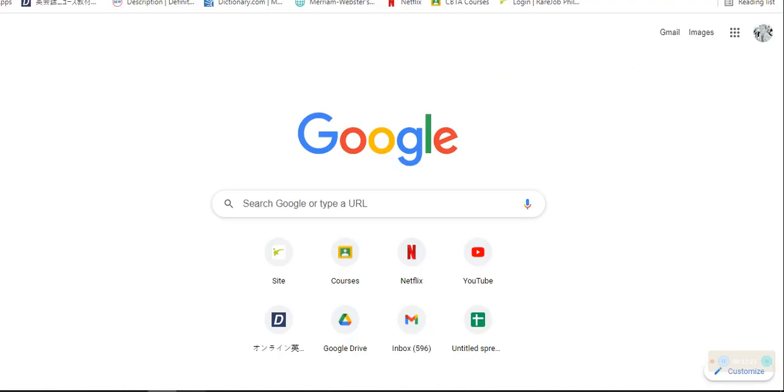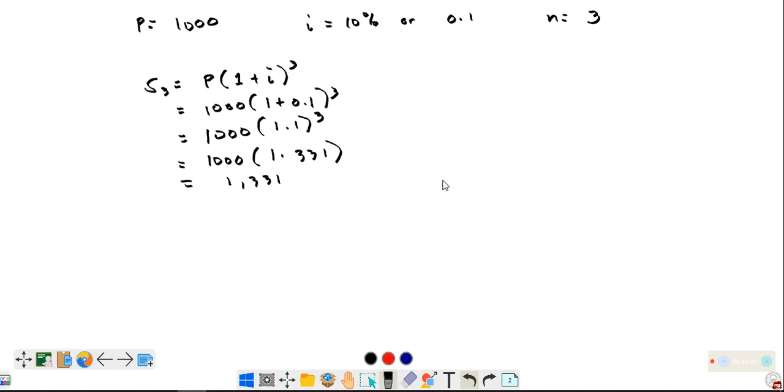I don't know if you were familiar with logarithmic functions before, pero if we have a certain base b raised to the power of x, which is equal to a real number a, kapag ang gusto nating makuha ay si x, tapos given si b, at saka si a, this will be written as the logarithm of a with base b is equal to x.